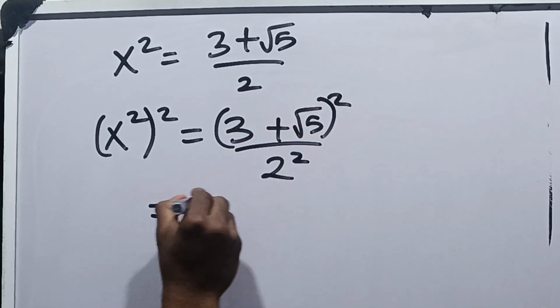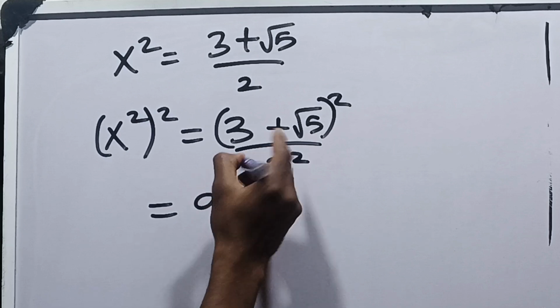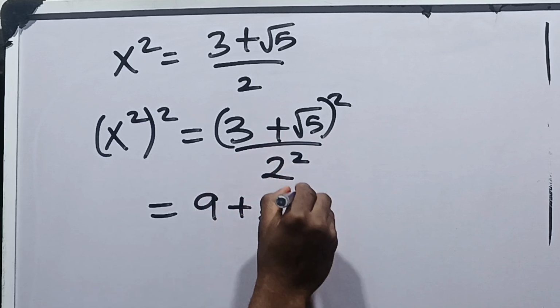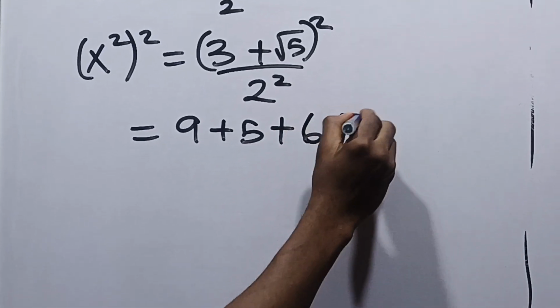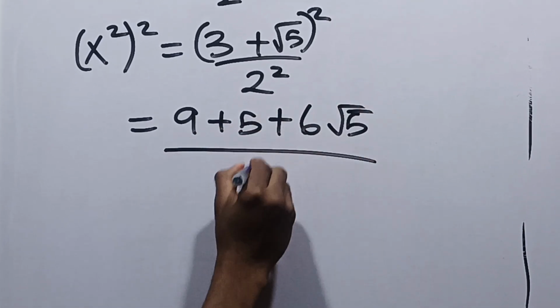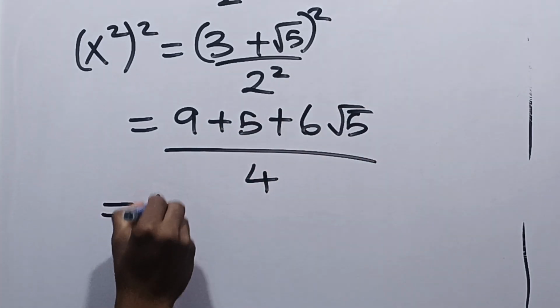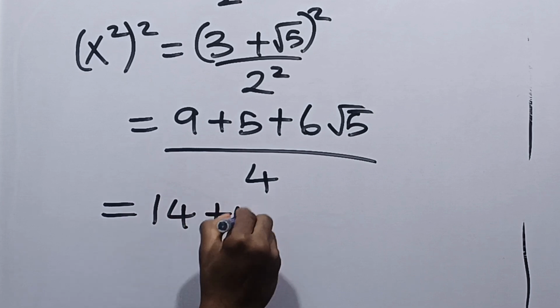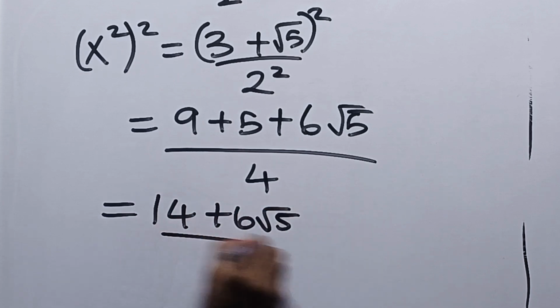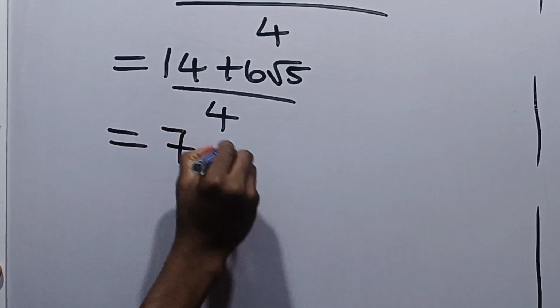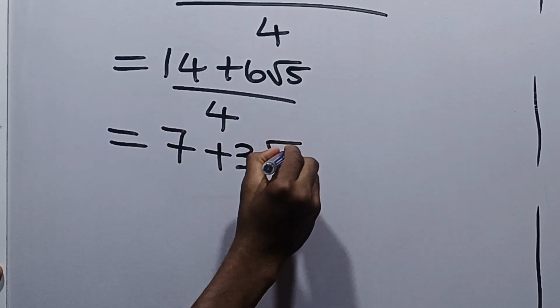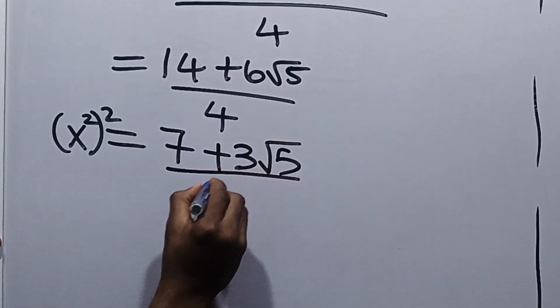This is now equal to 3 squared is 9, plus root of 5 squared is 5, plus 3 times root 5 is 3 root 5, times 2 is 6 root 5, divided by 4. That is equal to 14 plus 6 root 5 divided by 4, which is equal to 7 plus 3 root 5, all over 2.